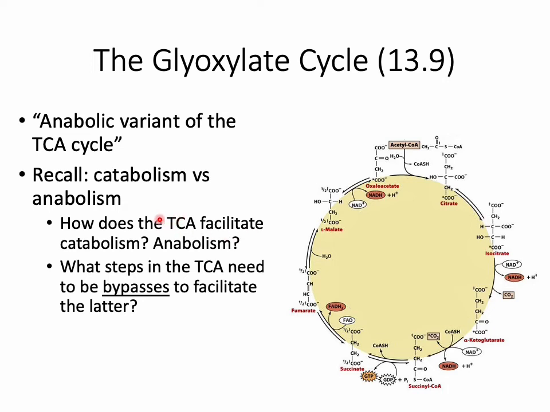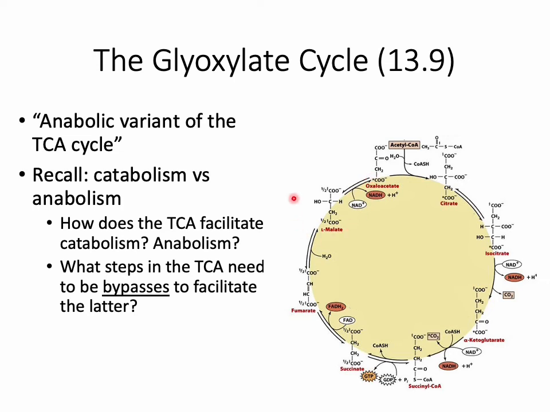However, the cycle can also facilitate anabolic processes by providing intermediates, particularly oxaloacetate and malate, which are important precursors for the synthesis of both amino acids as well as carbohydrates. So that summarizes how the citric acid cycle can participate in both catabolism and anabolism.